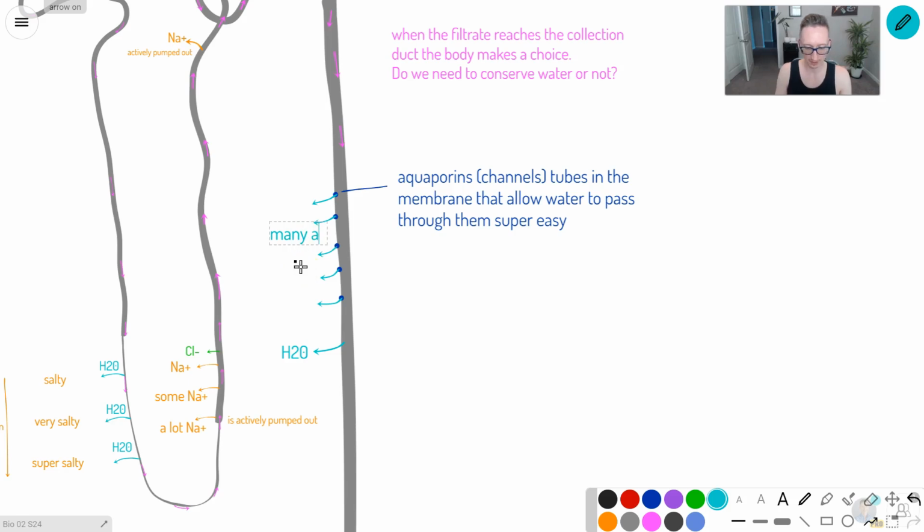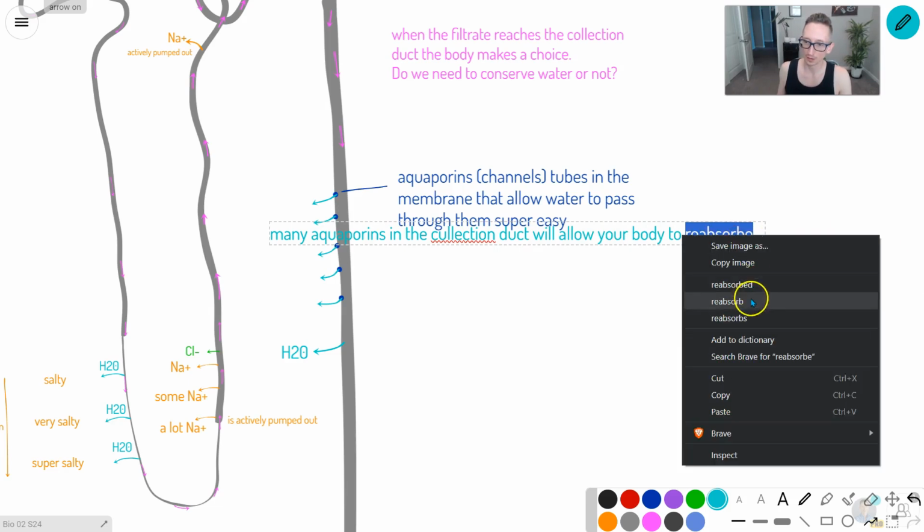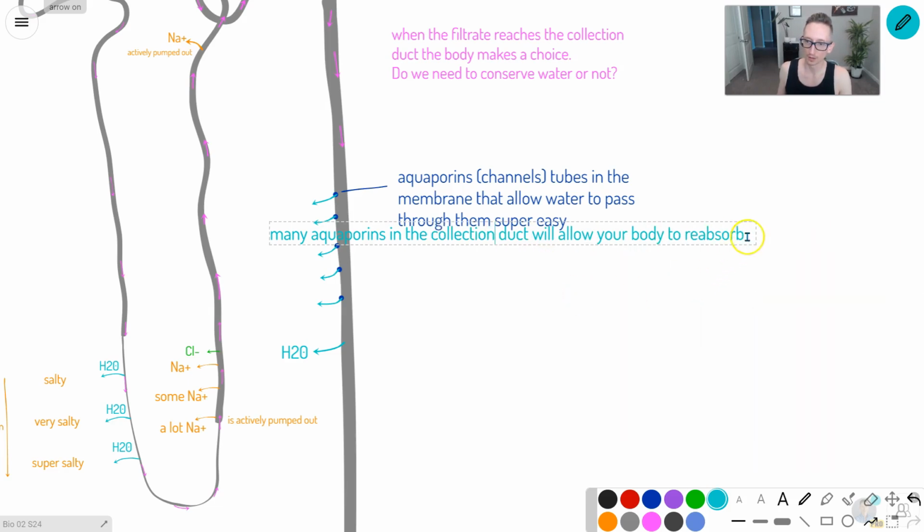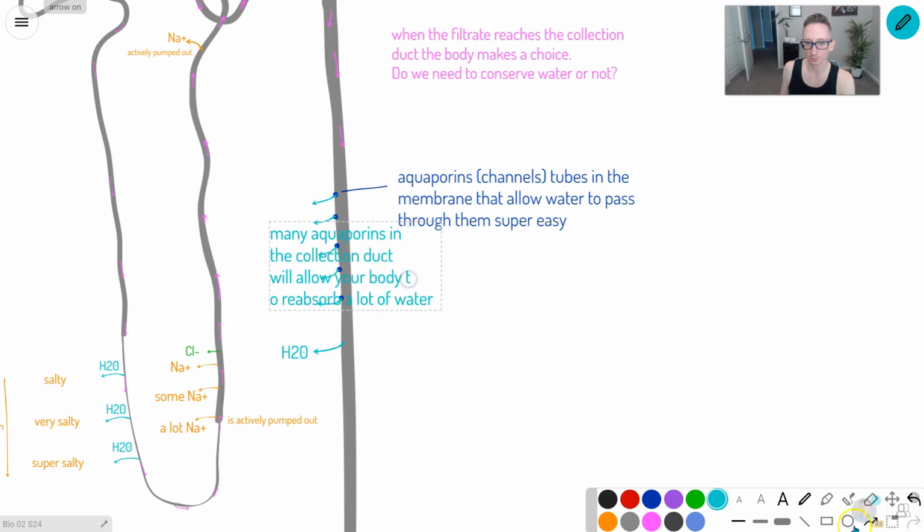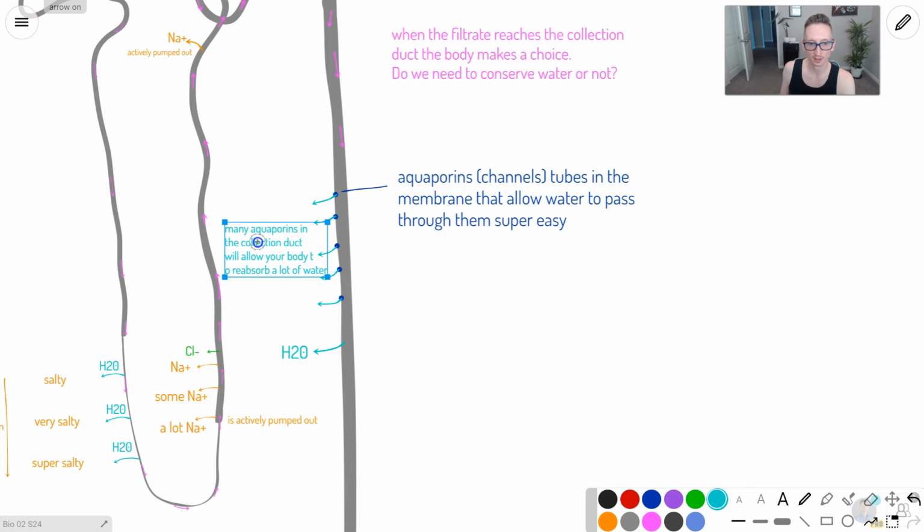So many aquaporins in the collection duct will allow your body to reabsorb a lot of water. And what will this result in? This will result in extremely concentrated urine, salty urine, because your body's going to be holding on to this water, right?